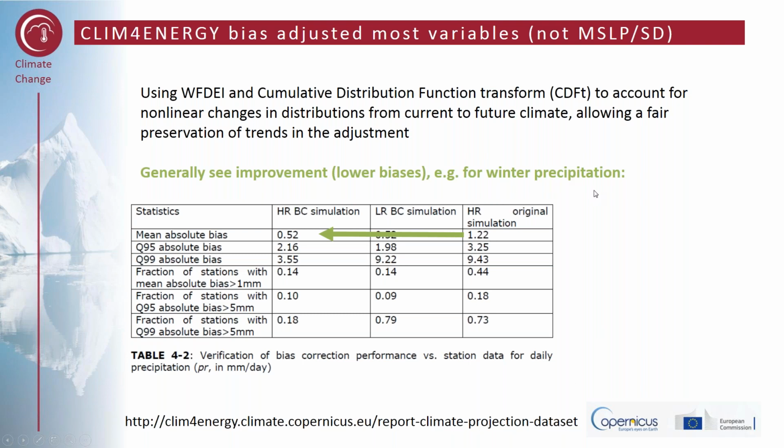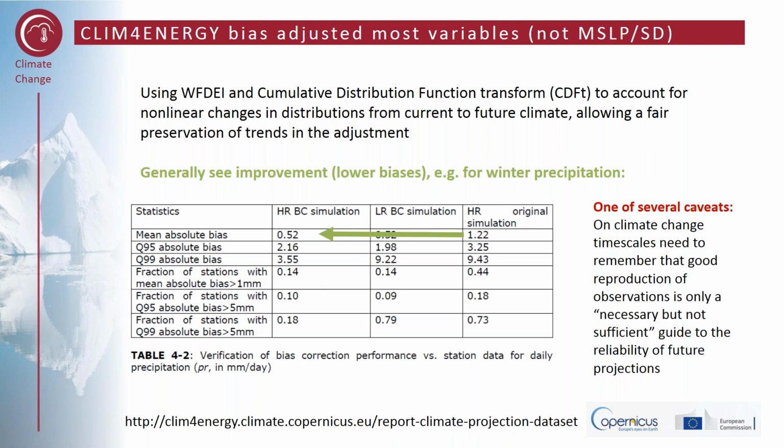This example is for winter precipitation, looking at biases both in mean precipitation but also various aspects of extremes. Forget the middle column, but just look at the difference in biases between the right-hand column, which is the original unadjusted data, and here the adjusted data, and you can see that in all cases the biases are reducing.